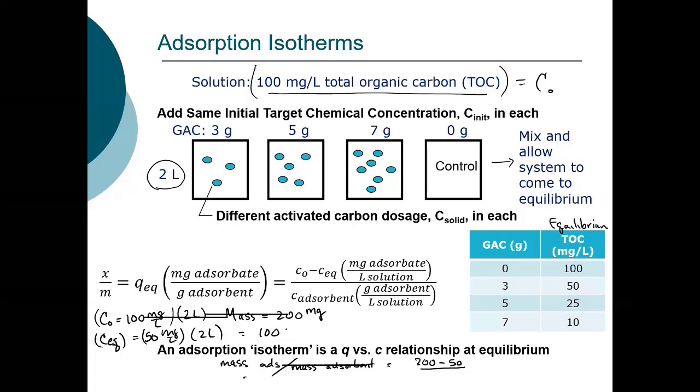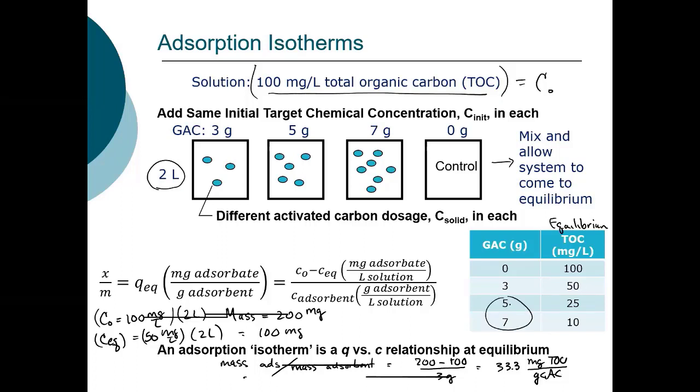So that's 100 milligrams. So that is 100 milligrams divided by 3 grams, and that is 33.3 milligrams of TOC adsorbed per gram of granular activated carbon. So that gives us the mass adsorbed. And we could do the same sets of calculations for both the 5 and the 7 gram solutions.